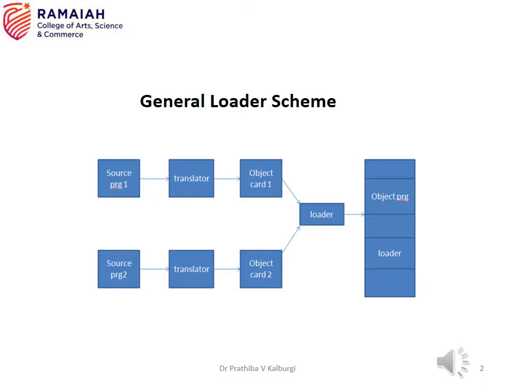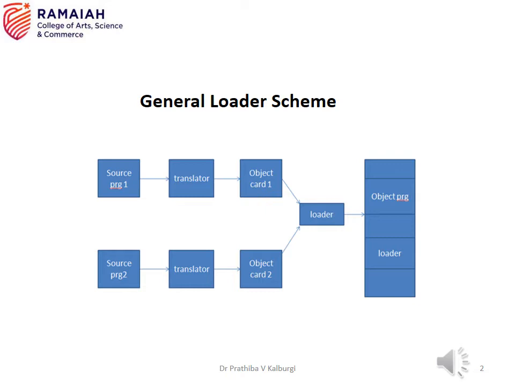As you see in the diagram of the general loader scheme, we have two programs, source program 1 and 2, and these two programs are connected to the translator. It can be either a compiler or an assembler, wherein they convert the source program into the object program.